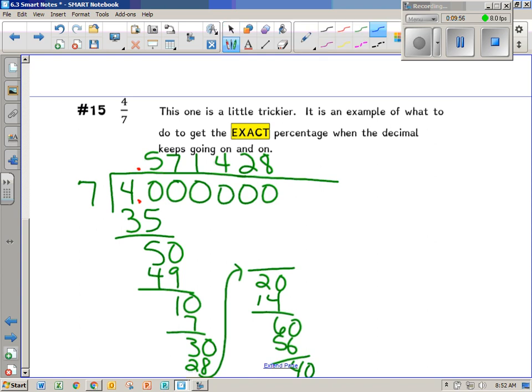I'm going to jump over and divide again. If I know that I want an exact percentage each time, if you're not overly concerned with just having all the decimals, my suggestion is, since I know I need to just go 2 places after the decimal, I set it up that way from the start.